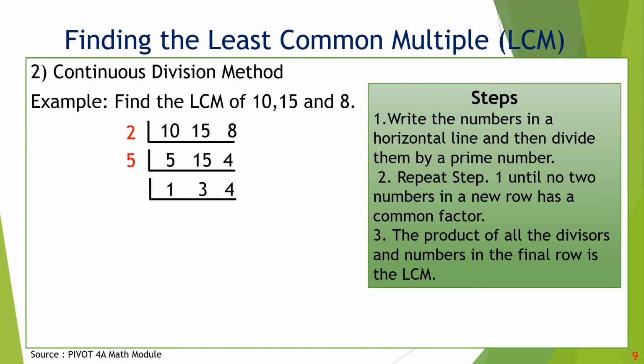So, mayroon natitira 1, 3, and 4. So, anong gagawin natin? So, ano yung pwede pang i-divide dyan? So, divide natin by 3. So, yung 1, ang gagawin natin, kopyahin na lang po natin siya sa baba. Then, 3 divided by 3 is equal to 1. So, yung 4, kopyahin lang po natin sa baba.